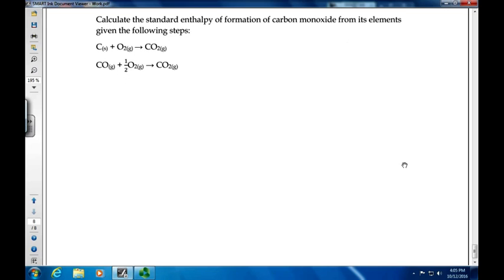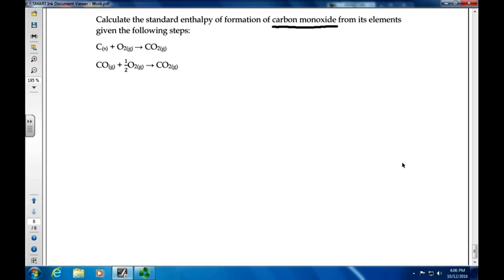Calculate the standard enthalpy of formation of carbon monoxide from its elements given in the following steps. So we're asked to do carbon monoxide. When we're looking at these, we're going to look at this in a very simple way.